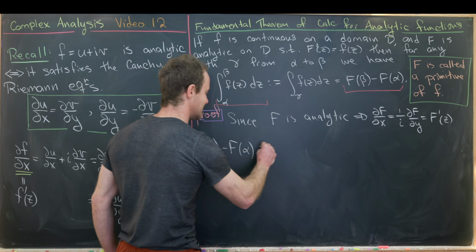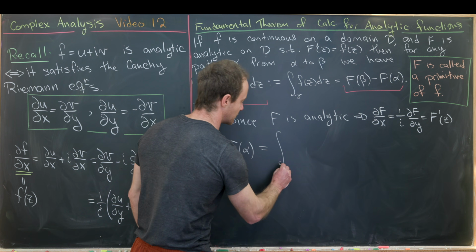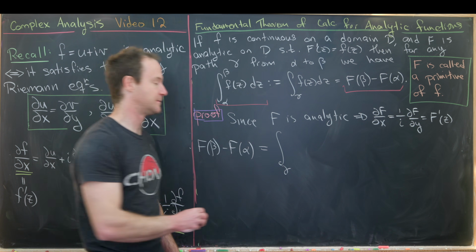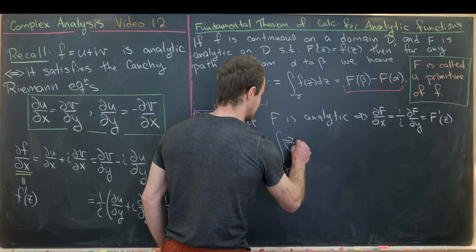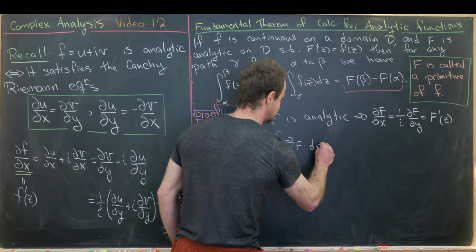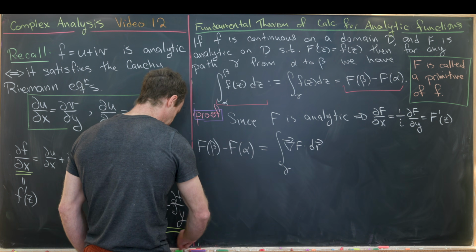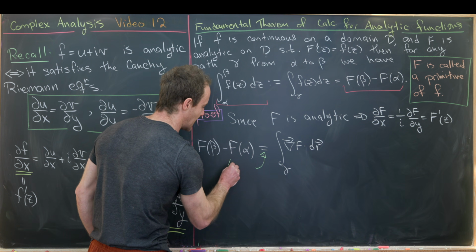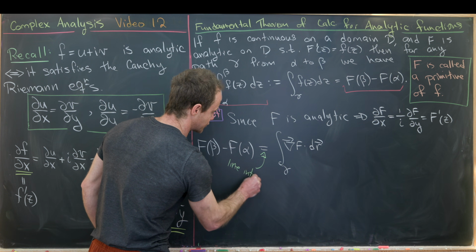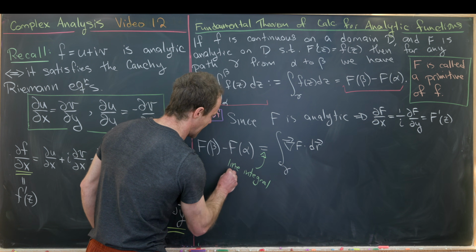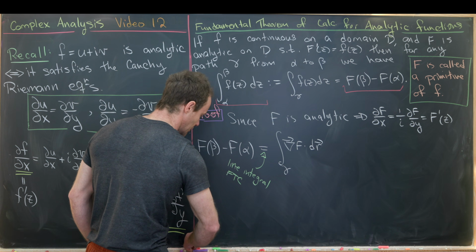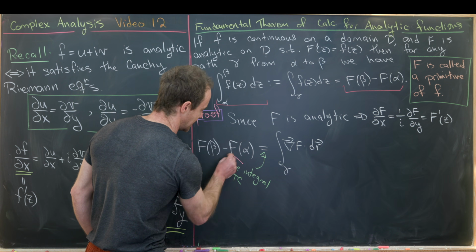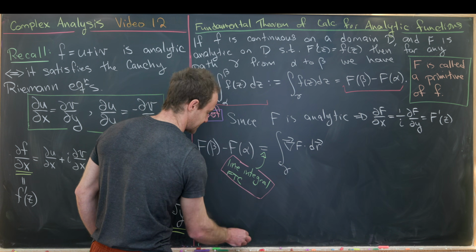And notice that this is equal to the integral over gamma of the gradient of F dot dr. This is by the fundamental theorem of calculus for line integrals. So I'll just write line integral FTC, which is something that you would cover, like I said, in a multivariable calculus class.